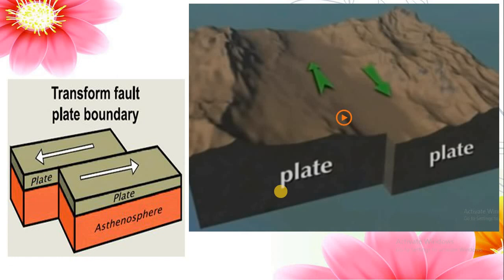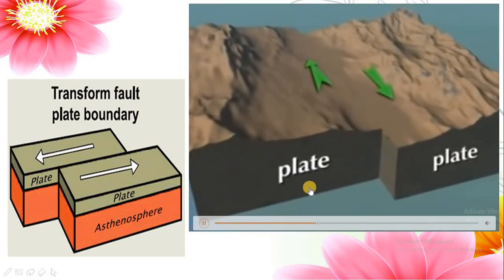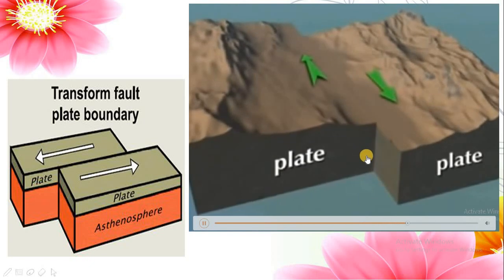Now the next plate boundary is the transform fault plate boundary. In a transform plate boundary, you can see these plates are sliding along each other in opposite directions. When they slide along each other, this is called a transform boundary, and you can see in this picture, in this video, these two plates sliding along each other.